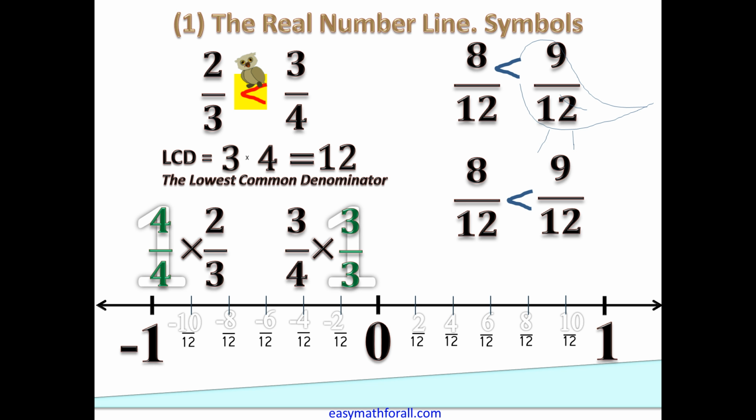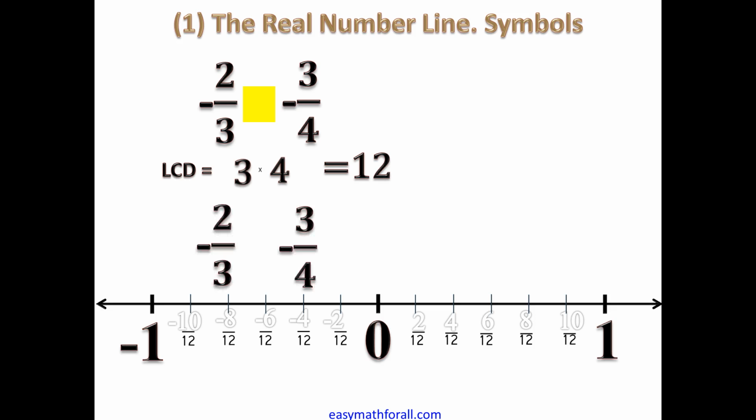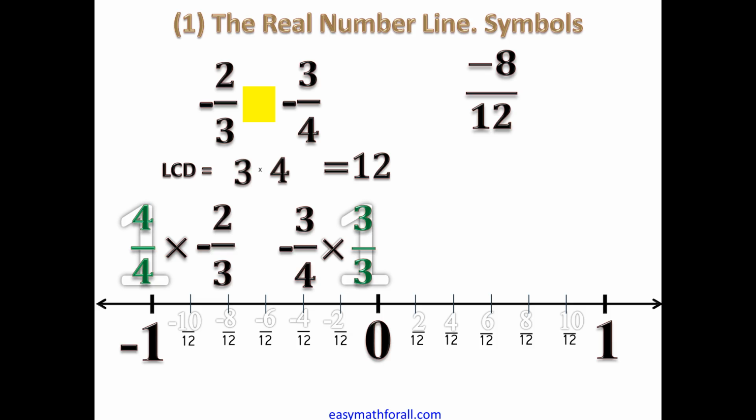Now you have to take similar actions in order to compare negative fractions. Negative 2 over 3 and negative 3 over 4. Okay, the least common denominator is 3 times 4 equals 12. Multiplying each fraction by 1 using 4 over 4 and 3 over 3, as a result, we have two fractions with the same denominator, 12.